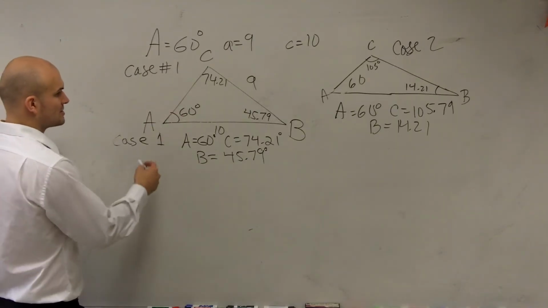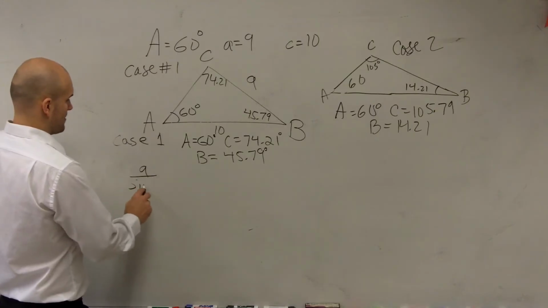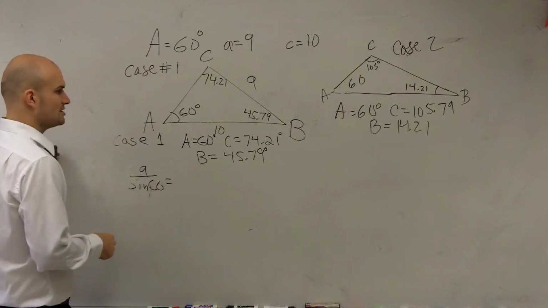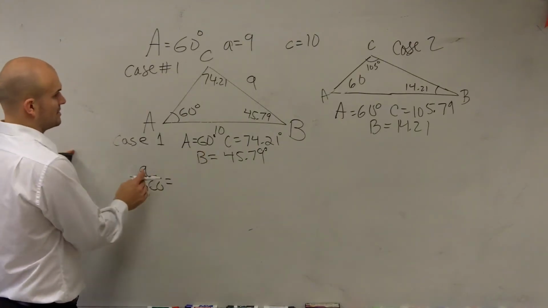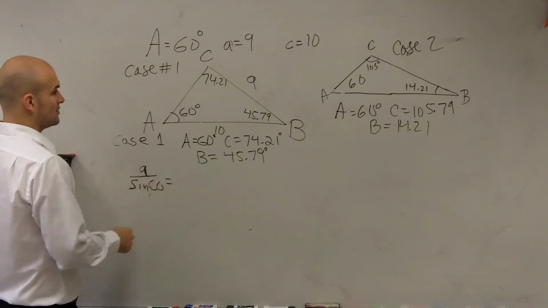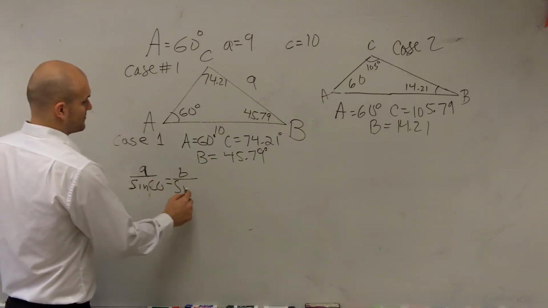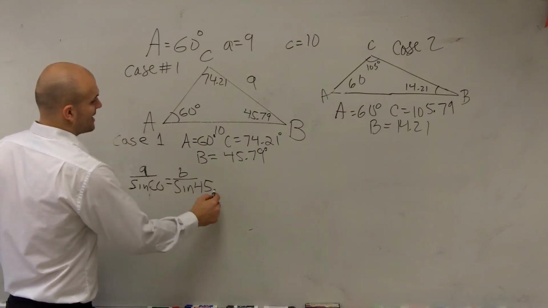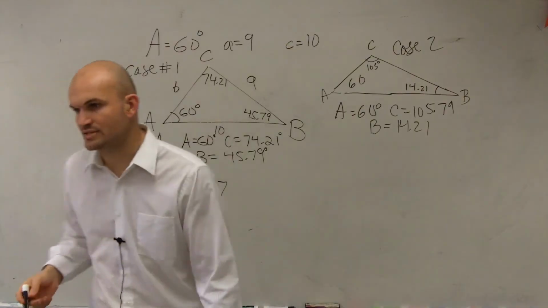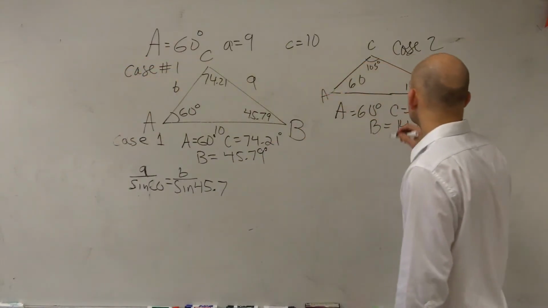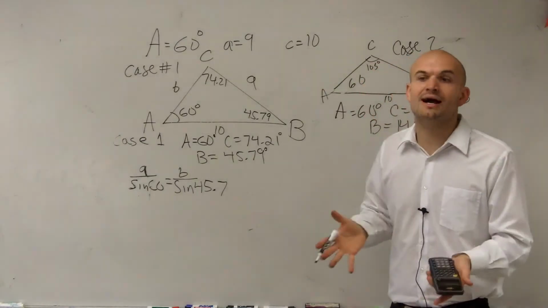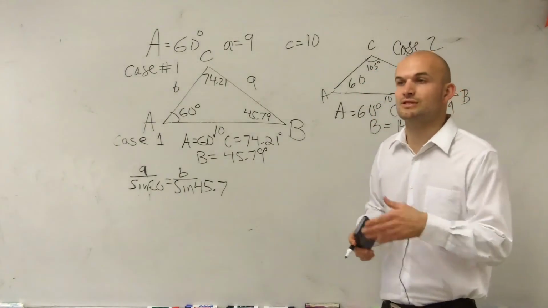So I can just use 9 over sine of 60 degrees is going to equal B over sine of the remaining angle. We can't use the Pythagorean theorem unless you have a right triangle, right? So that's why you have to go back to using the law of sines.